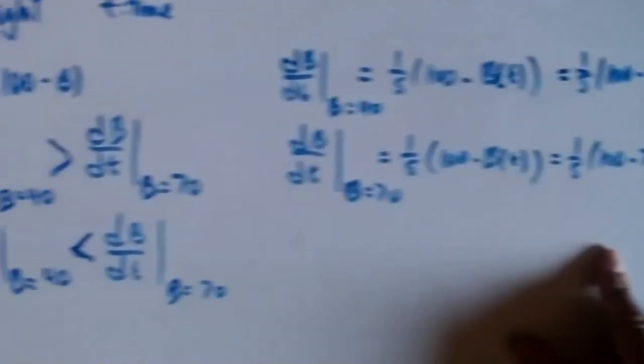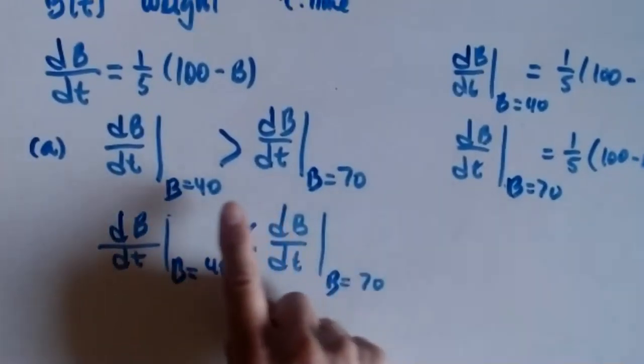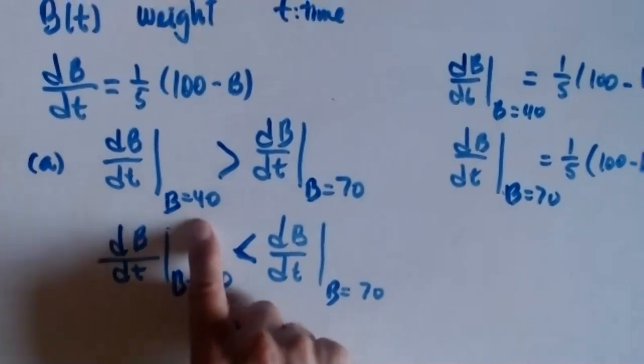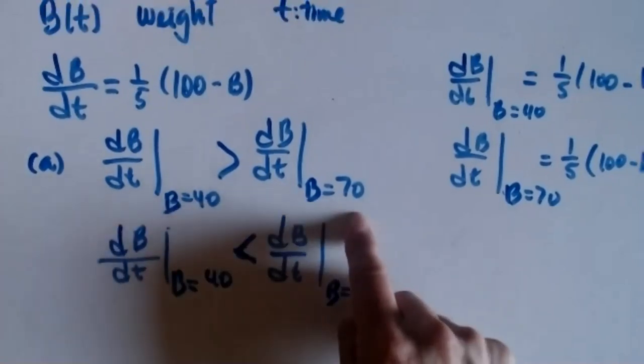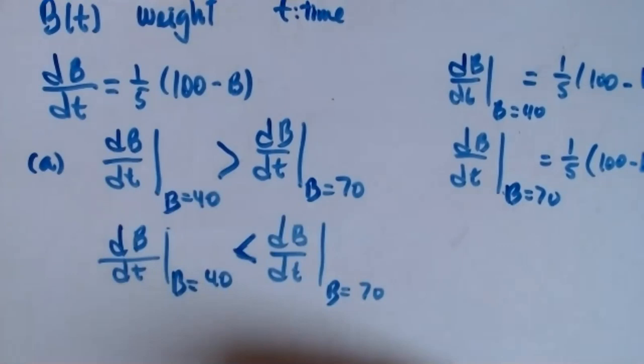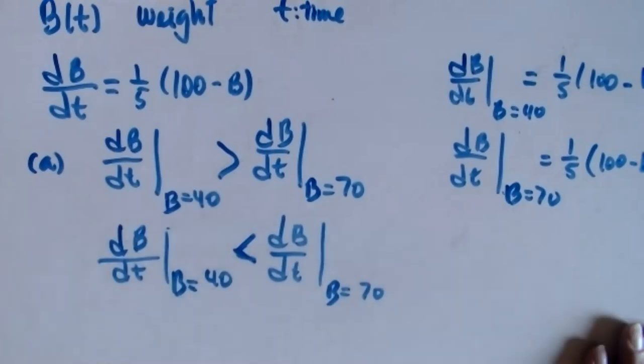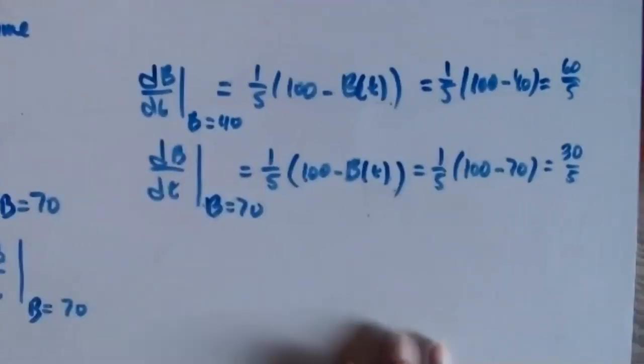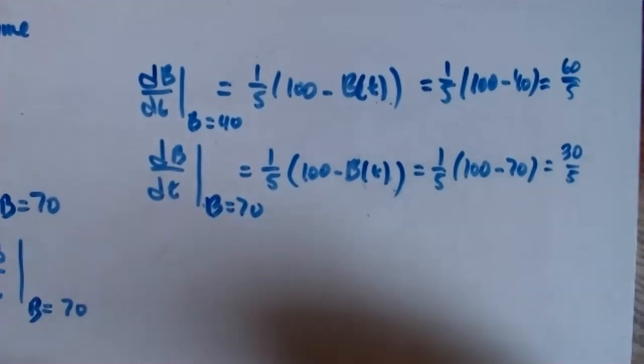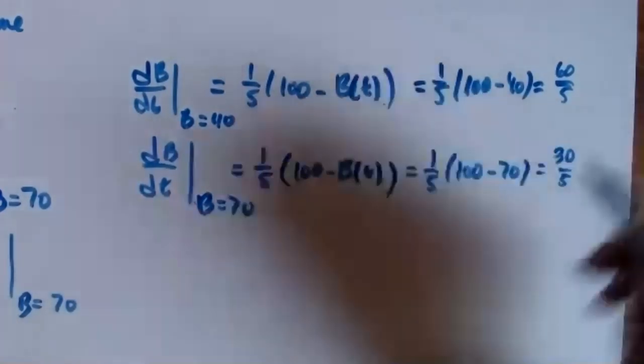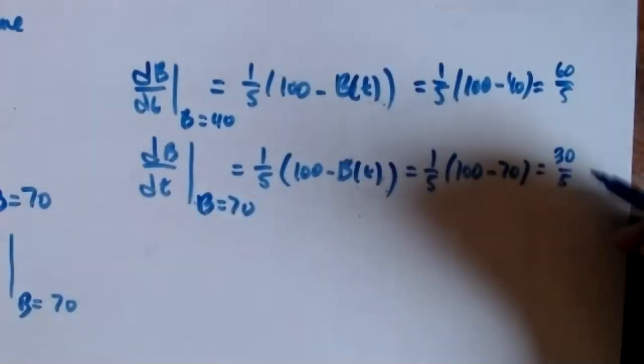My reasoning is this: I have to check, when the weight is 40 or the weight is 70, which rate of change is faster. So I evaluate and I get 60 over 5 and 30 over 5. So this is greater than this one, right?